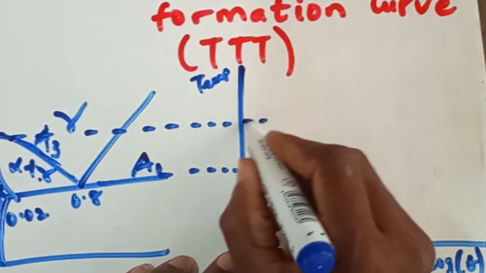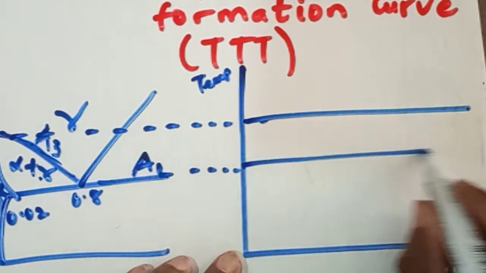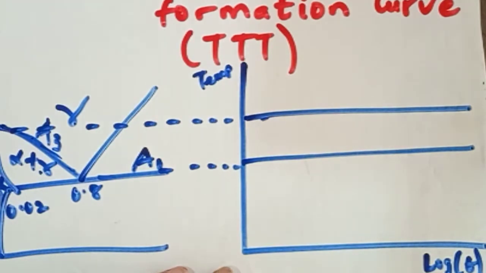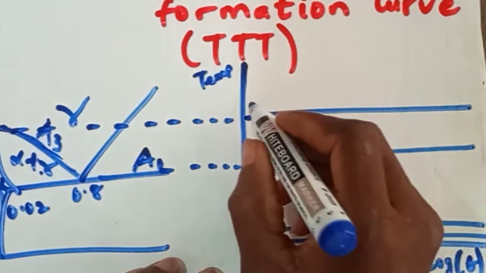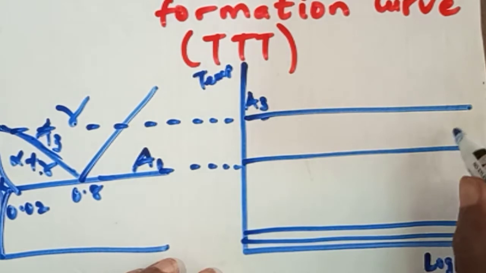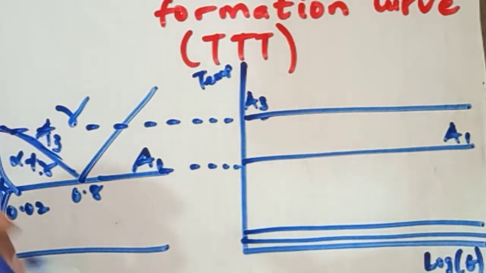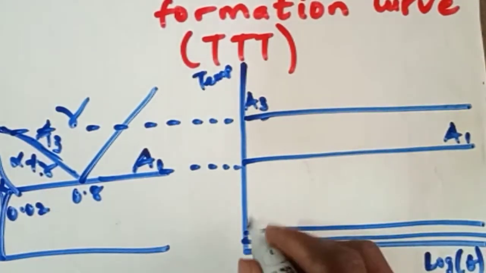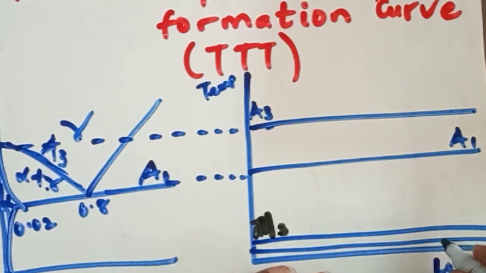Here I will extend this A3 line, and I will also extend this A1 line. Then here I will have another line down here, and I'll have another line as well down here. So this line is our A3 line, this line is our A1 line. Let me change pen. This line is our Ms, meaning martensite start, and this last one is our Mf, meaning martensite finish.